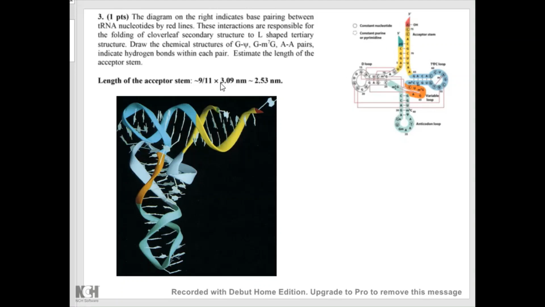So 9 divided by 11 and multiplied by 3.09 nanometers, so I get this answer. Now, why I think it's legitimate to count this equal to the length of A-RNA. Take a look at this 3-dimensional structure of tRNA, and you can see here the acceptor stem right here in yellow.